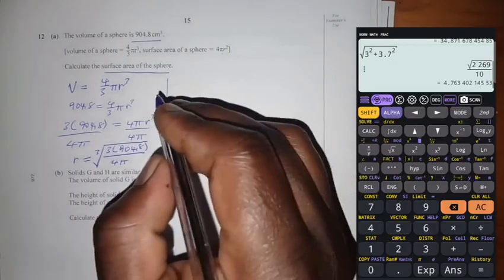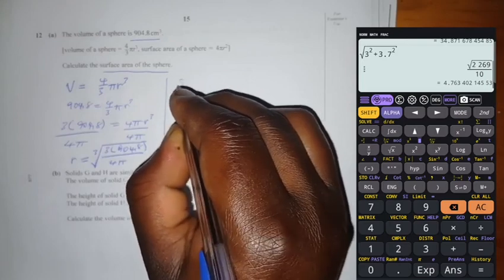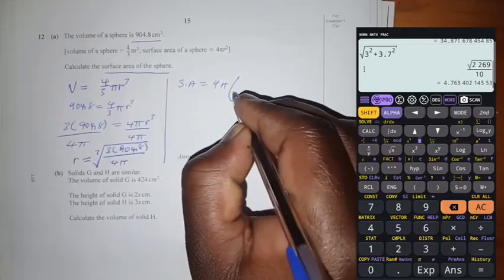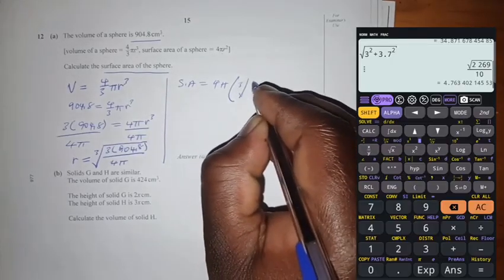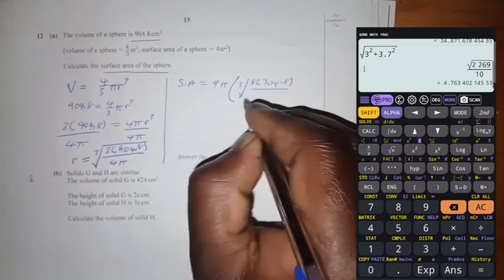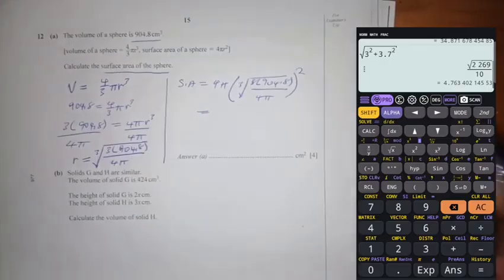Then the surface area is 4 pi r squared, that's 4 pi times the cube root of 3 times 904.8 over 4 pi, this one is squared. So putting everything as is in a calculator, I'll get the full marks there.